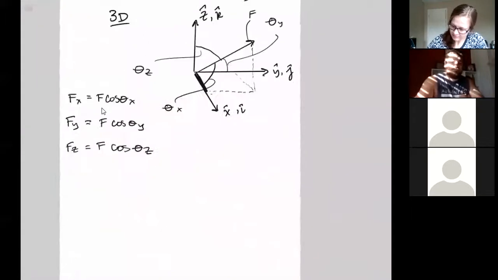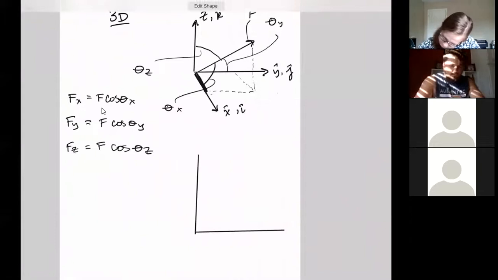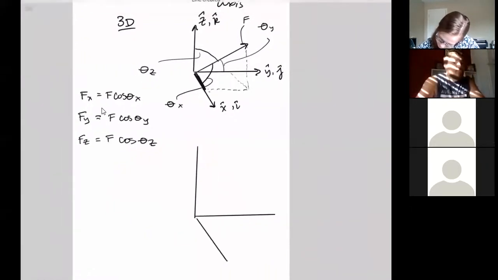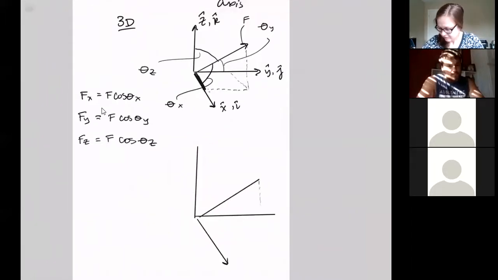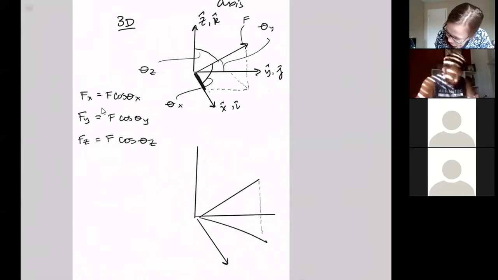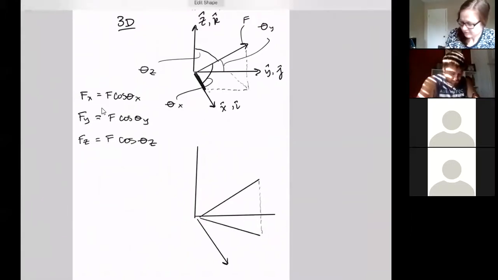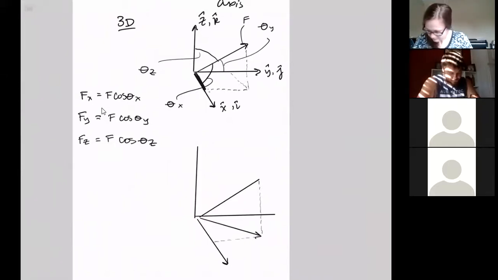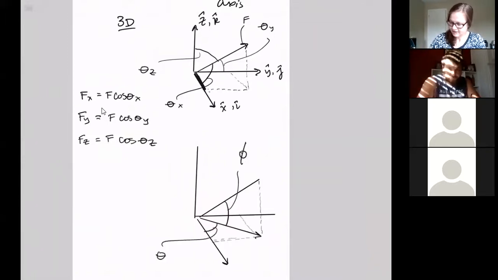Typically, and what you've probably seen before and will recognize, is organizing the coordinate system in terms of the projection of this force onto the plane, with this angle being phi and this angle being theta.